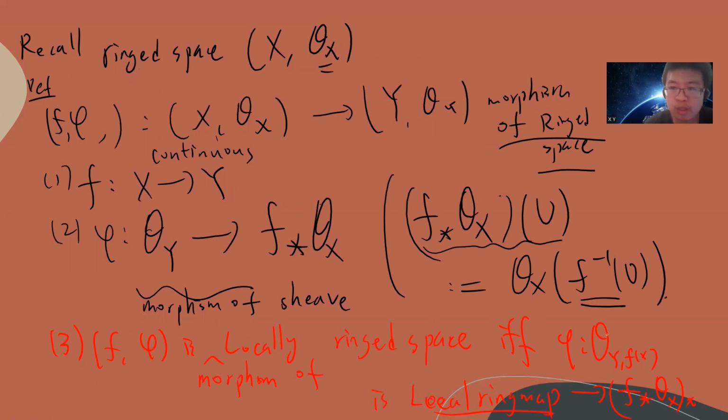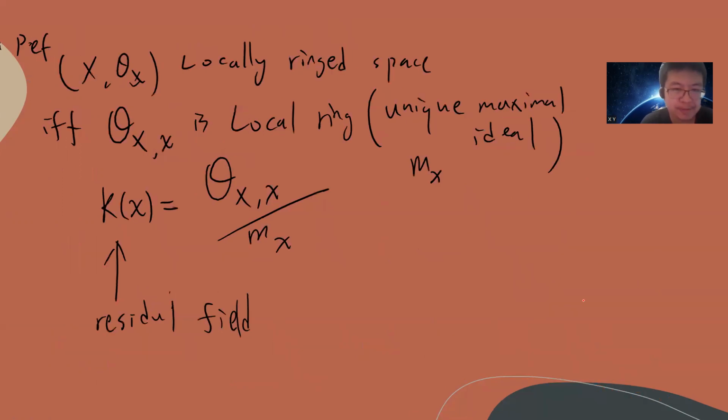A local ring map basically means that you map the maximal ideal into the maximal ideal, because there's a unique maximal ideal.